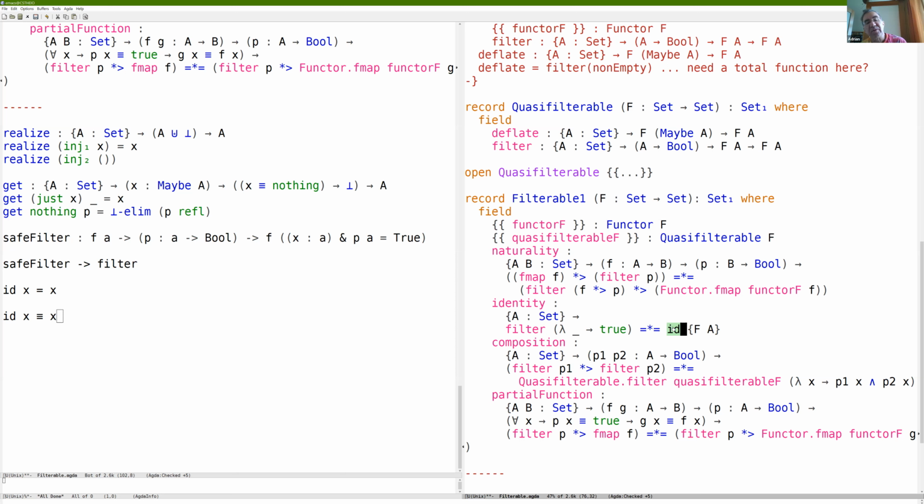And so then maybe you could start to phrase the question about, well, what is in this structure in terms of single element filters? So suppose that you have a filter that will return false only for one particular element of the data type.